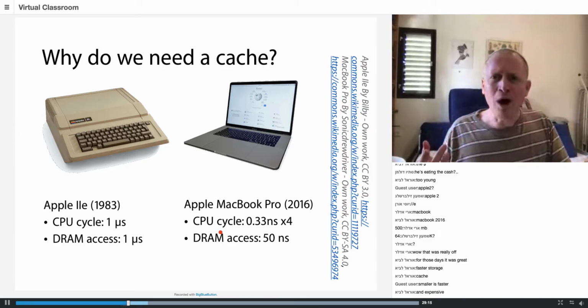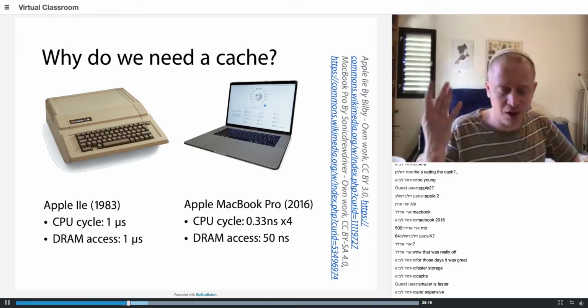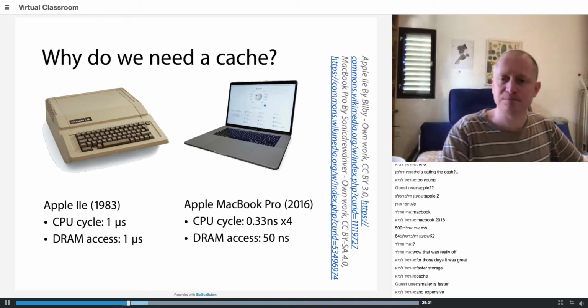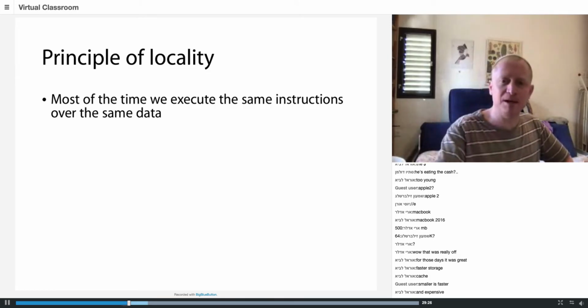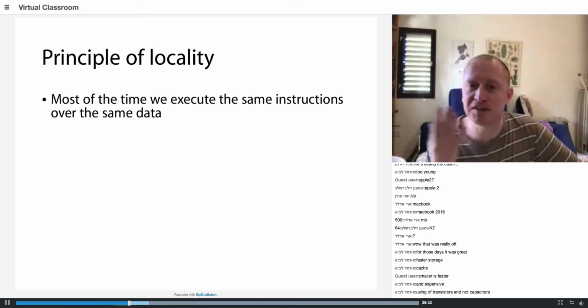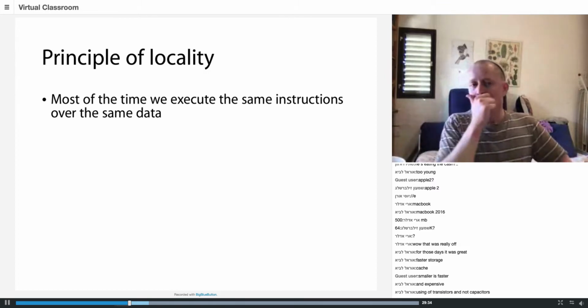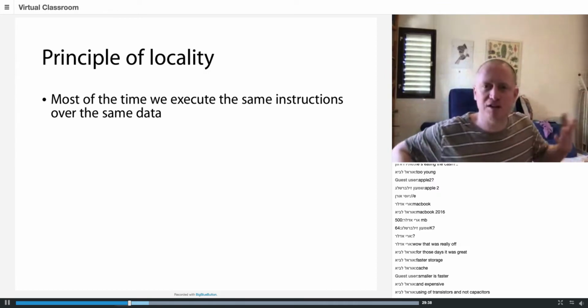Why is this at all possible? What makes this possible, in theory, is what is called the principle of locality. The principle of locality means that we basically execute the same instructions or use the same data most of the time. You can imagine that I have 16 gigabytes of memory on my computer.